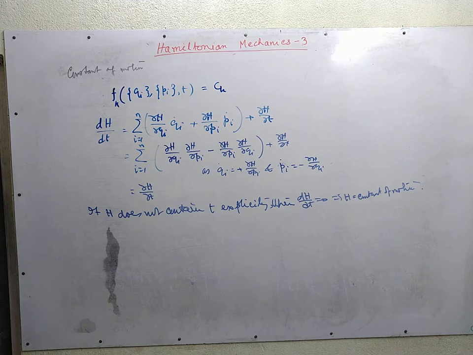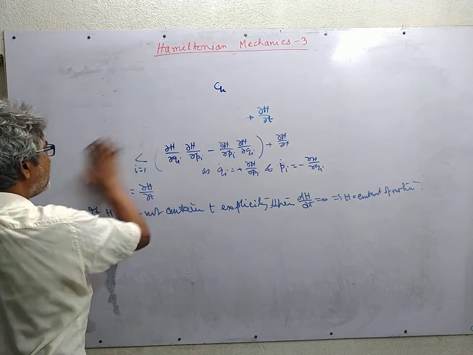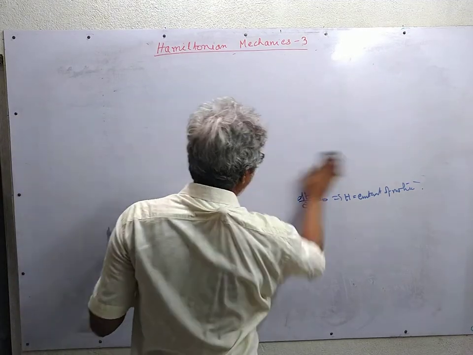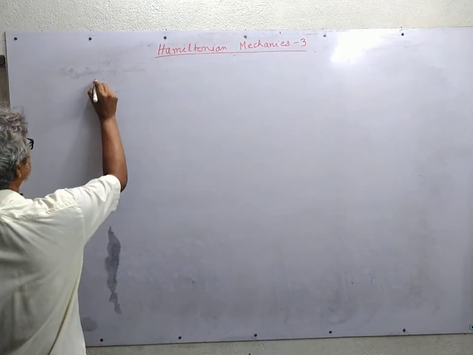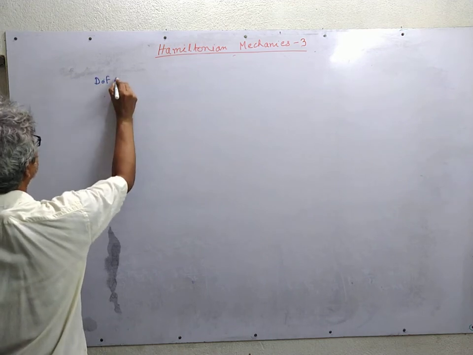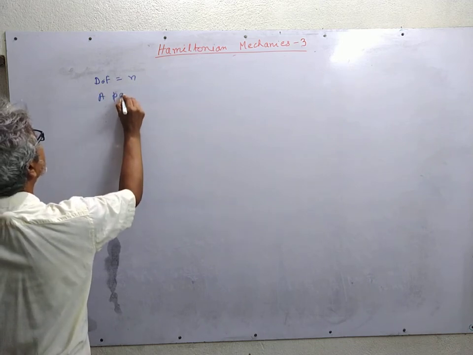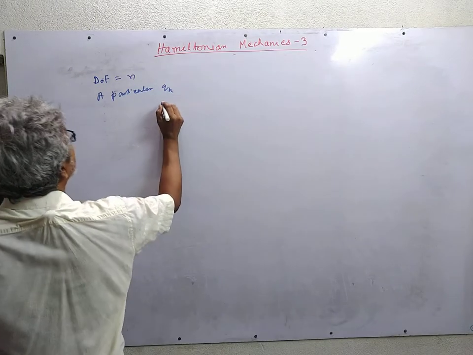Another advantage of Hamiltonian mechanics over Lagrangian mechanics is the situation where there are cyclic coordinates. Let us consider a system having n degrees of freedom, of which a particular coordinate, say q_k, is cyclic.